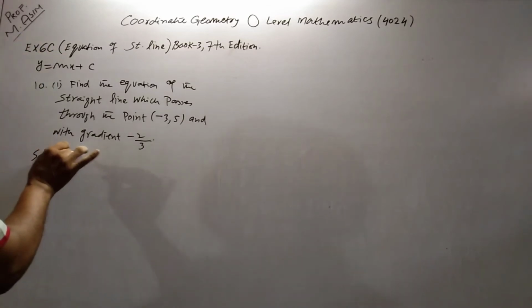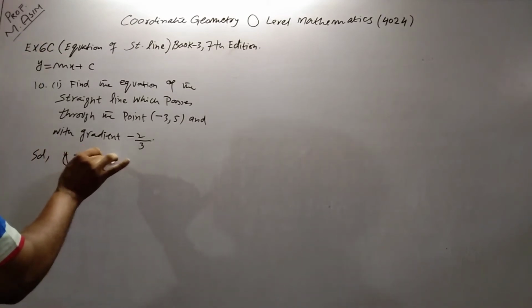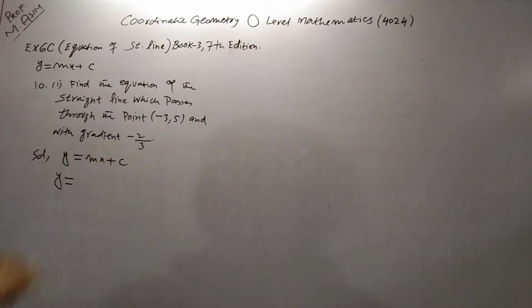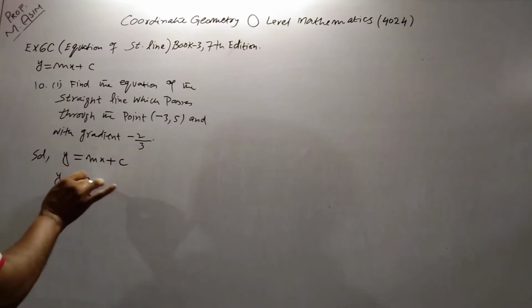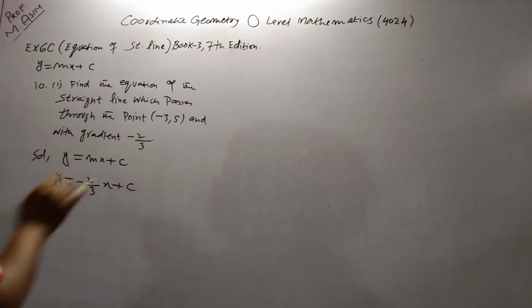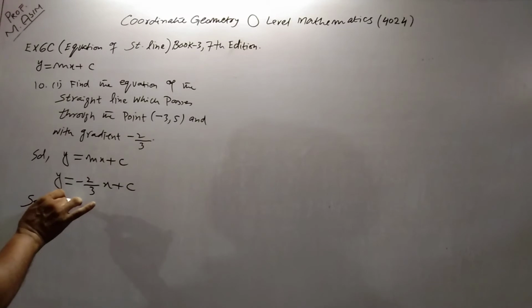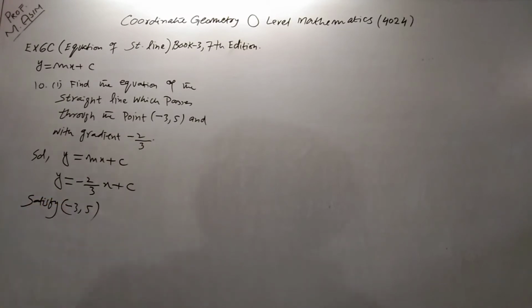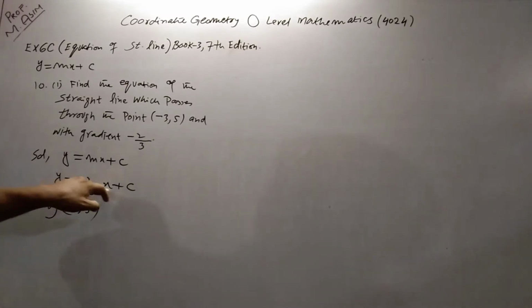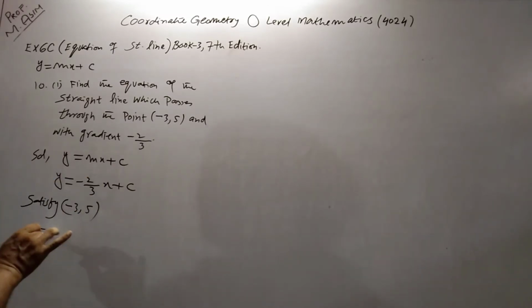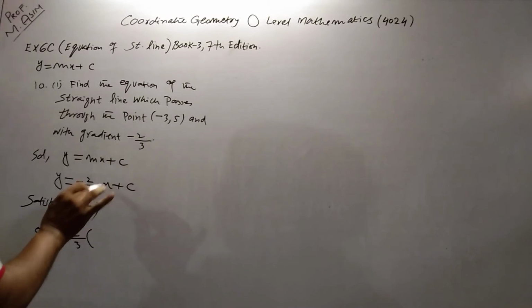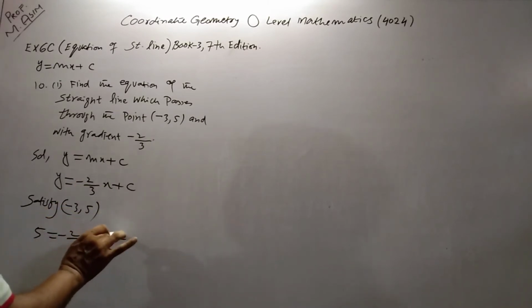First, take the standard equation y = mx + c. The value of m is given. m is the gradient. The value of m is -2/3, so y = -2/3 x + c. Now satisfy this equation by the given point, (-3, 5). Put 5 where you see y. Put -3 where you see x. So 5 is equal to -2/3 into -3 plus c.